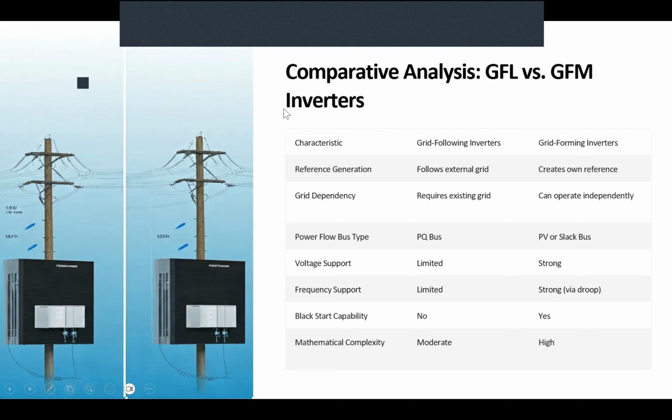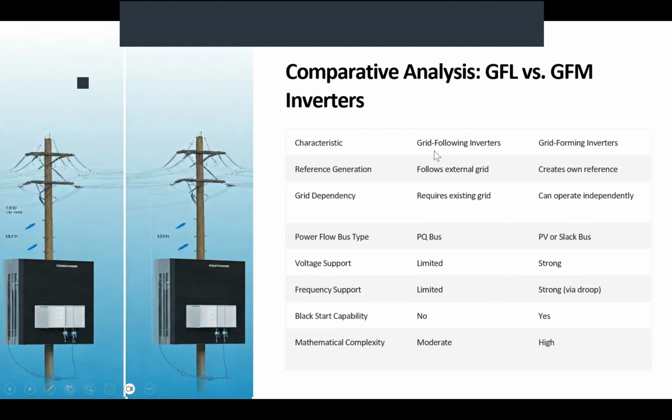I also summarized the comparative analysis of the GFL and GFM for power system analysis in this table. Basically, the reference of the generation: in grid following, we follow the external grid. Grid forming, we create our own reference.